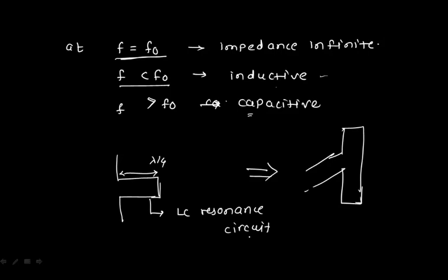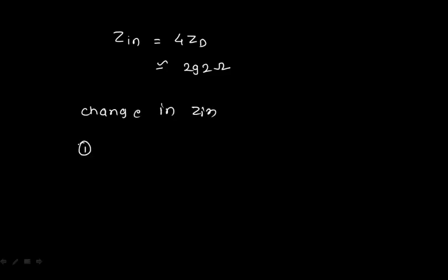अगर आपको folded dipole का input impedance change करना है, so your input impedance is nothing but the 4ZD, so it is near about I think 292 ohm. ठीक है, now how am I going to change it? There are two methods to change the Zin. So first you go for the unequal diameters.